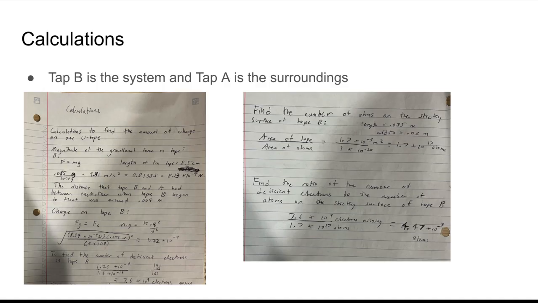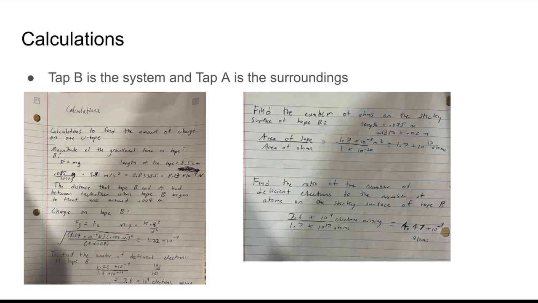Now, using that information, the charge on tape B, utilizing the idea that the gravitational force had to be equivalent to the electric force, and rearranging the formula, 1.22 times 10 to the negative 9 coulombs was the answer that was found, and that was the charge on tape B. Now, to find the number of deficient electrons, or the amount of electrons that are missing on tape B, divide the total charge by the charge of an electron.